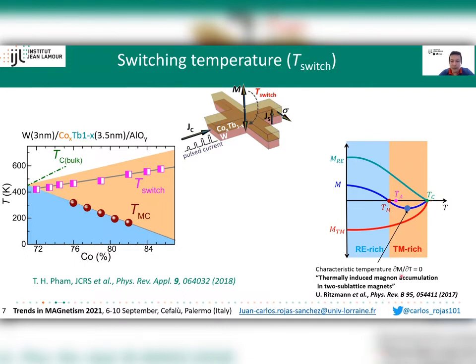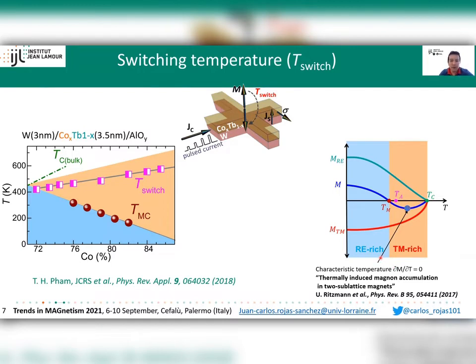But recently there is a theoretical paper where they mention that in rare earth transition metal alloys there is also self-production of spin current driven by magnons or thermal magnons, and this vanishes at a certain temperature. So I just pick this condition as also a characteristic temperature.